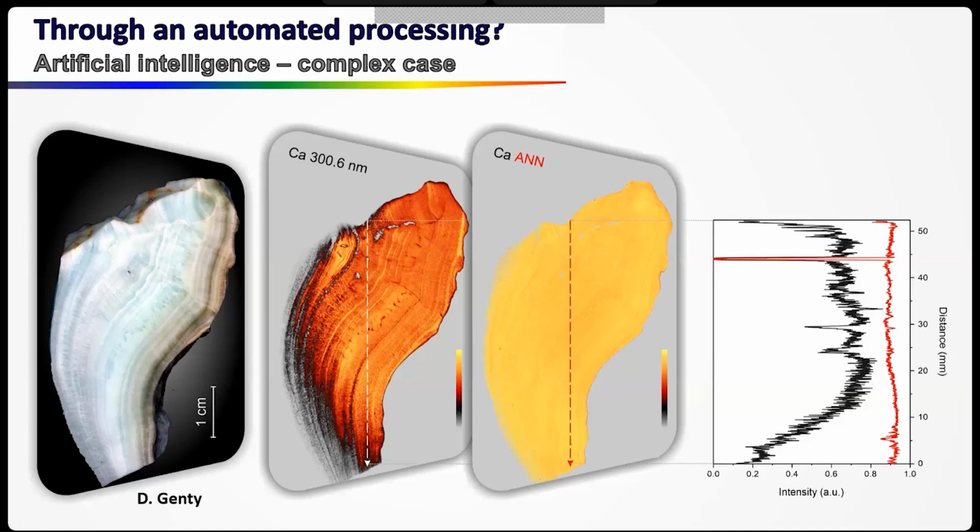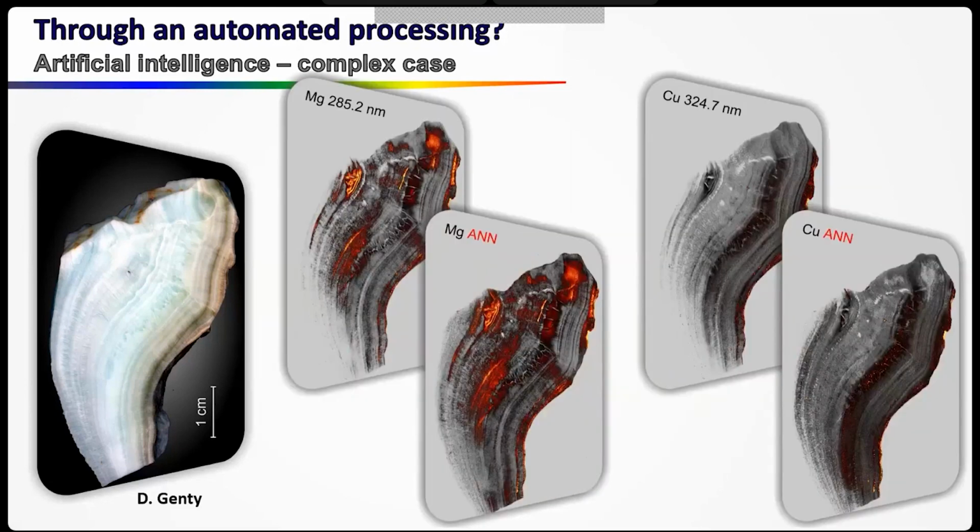And I'm very glad to show you the first such image in the LIBS domain, processed only by the machine and by the intelligence. So you have the magnesium here and the copper here. They are very similar to the initial image, but corrected in terms of stability.